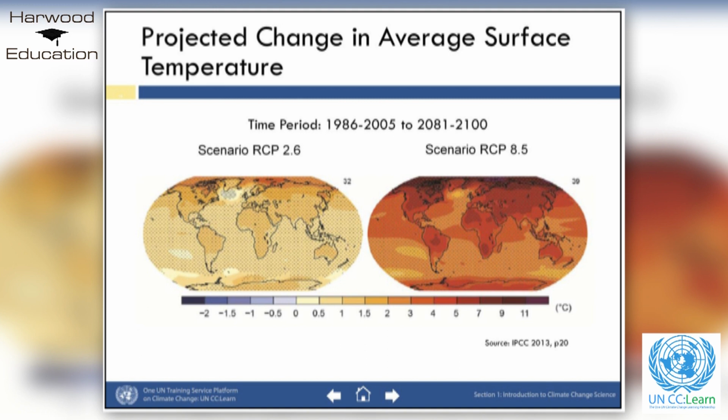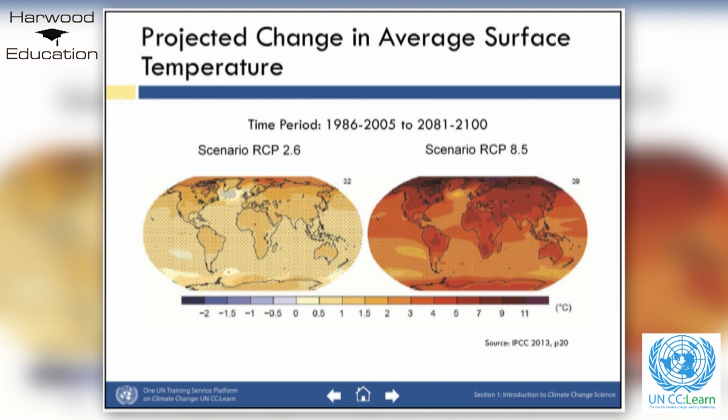The projection on the left is based on a scenario with relatively limited greenhouse gas emissions, RCP 2.6, while the projection on the right is based on a scenario with very high greenhouse gas emissions, RCP 8.5.